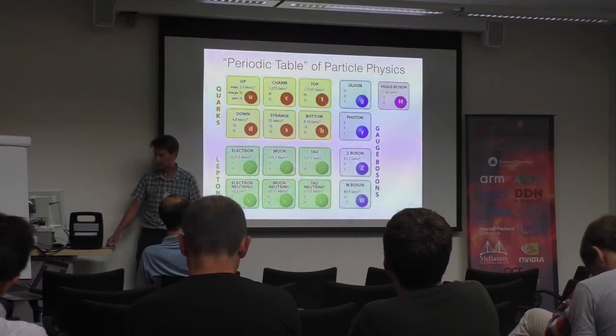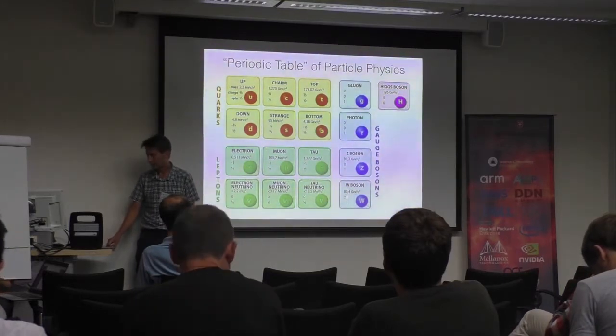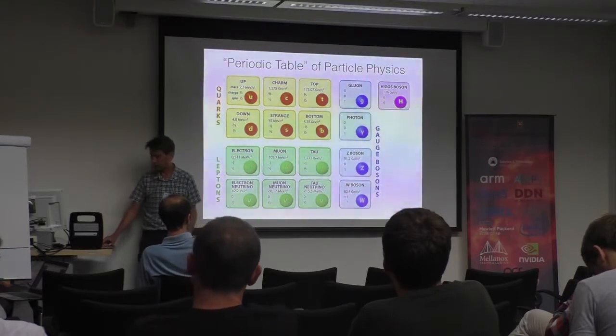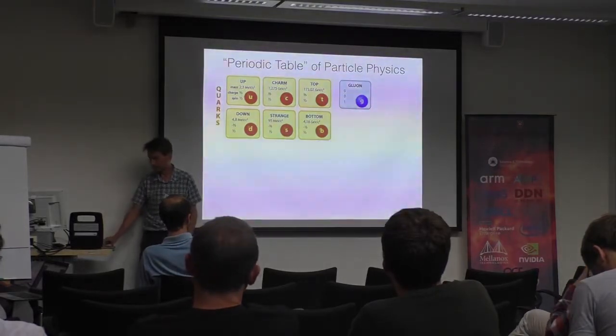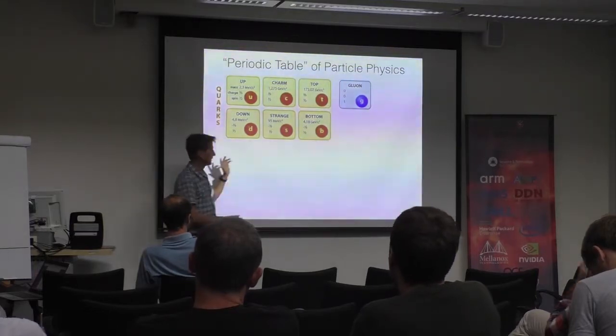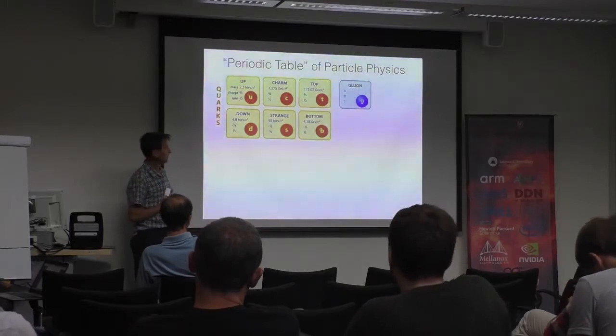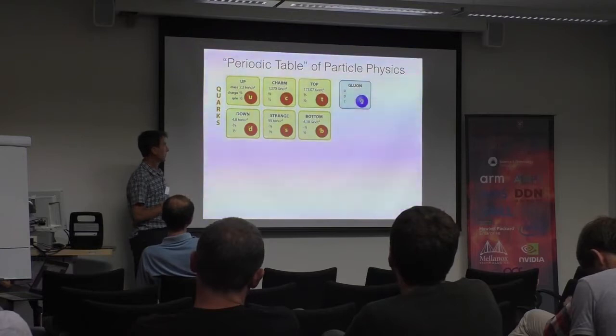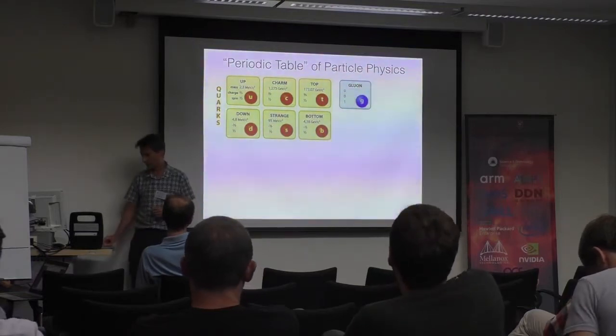So all the particles in the known universe, we are going to talk about the QCD-like particles, so they're the quarks and the gluons. And we are basically combining the quarks into hadrons and using the lattice approach. In principle, we can study any of those 6 quarks. In practice, there are some difficulties.